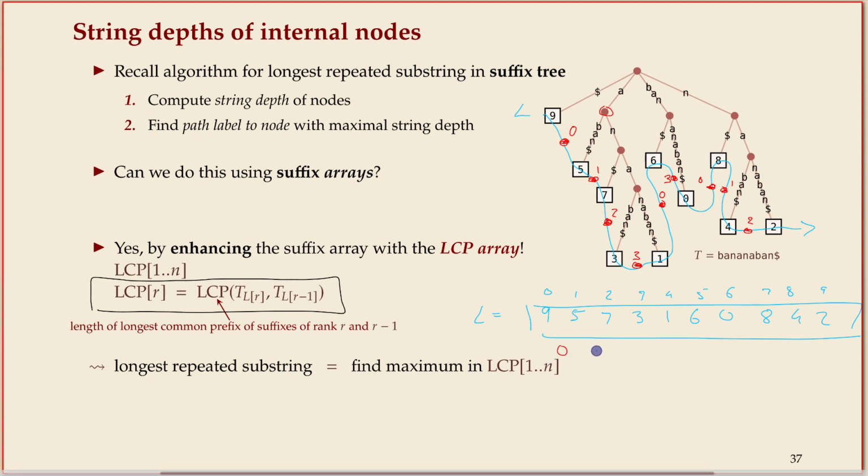So it should sit here: 0, 1, 2, 3, 0, 3, 0, 1, 2. Unfortunately, we can't really tell most programming languages that we want this to have index 0.5 and this index 1.5 and so on. So instead it's shifted. So this is index 1, 2, 3, and so on. So it starts with 1 here. Unlike most of our arrays, we don't use the 0 entry for this one.